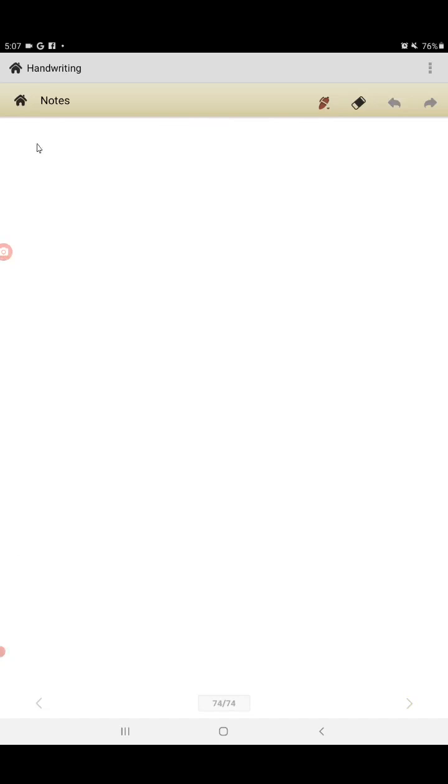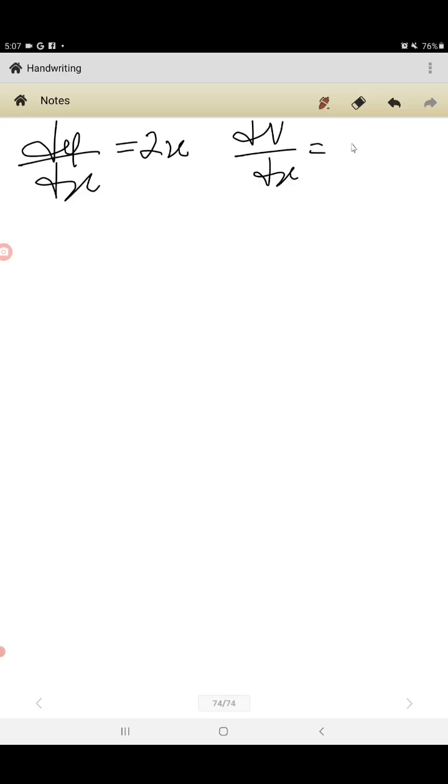So therefore, let's differentiate one by one. The u with respect to x gives us 2x. The v with respect to s gives us minus 2x. Now we know the value of v to be 1 minus s squared, and the value of u is 1 plus s squared.